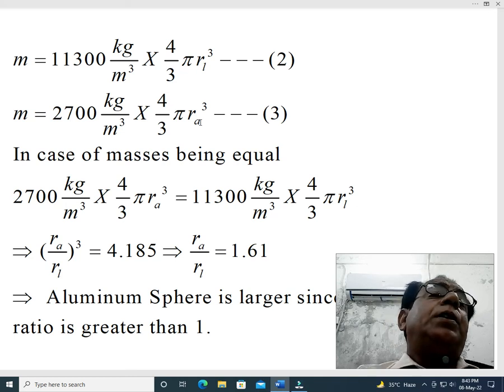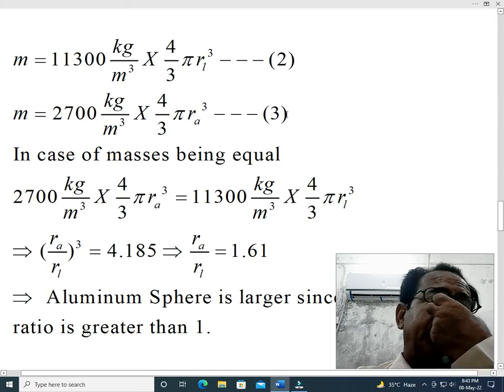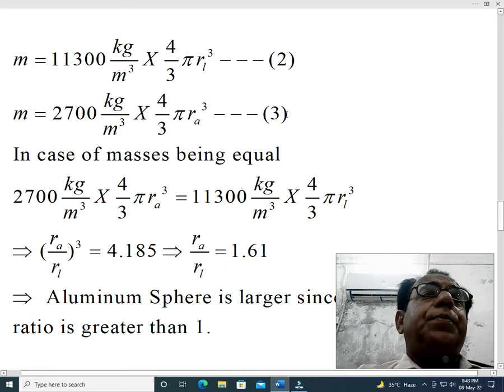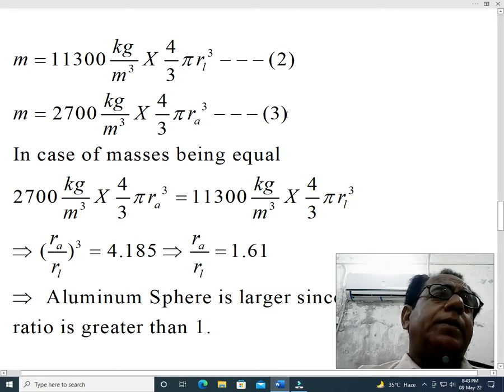So, dear students, equations number 2 and 3 have emerged from equation number 1 for lead and aluminum respectively.